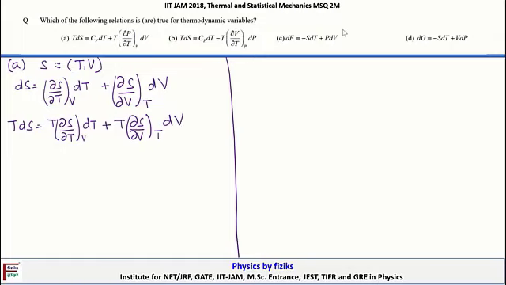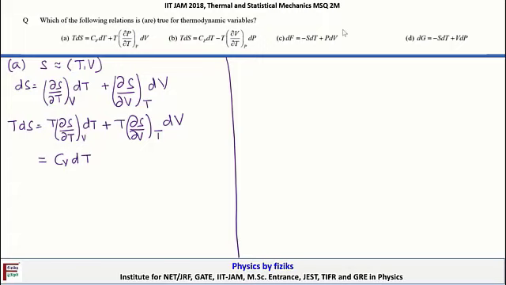Now the first term on the right-hand side, T dS by dT at constant volume. T dS gives you dQ, so it is basically dQ by dT at constant volume, which is nothing but the heat capacity at constant volume. So T dS is equal to CV dT plus T dS by dV.